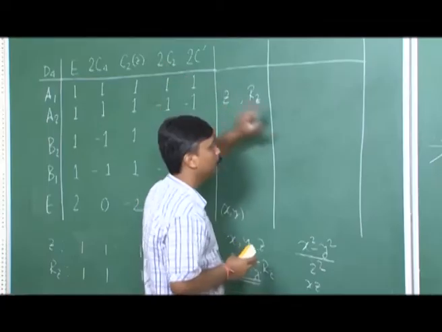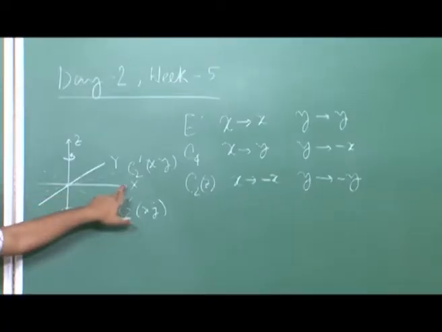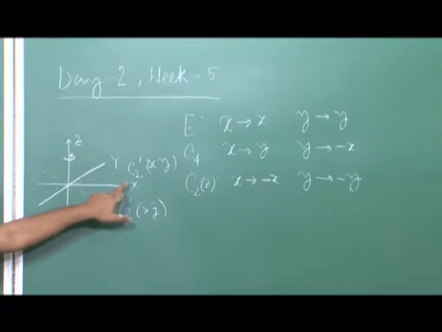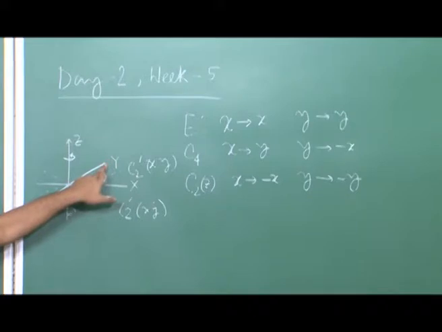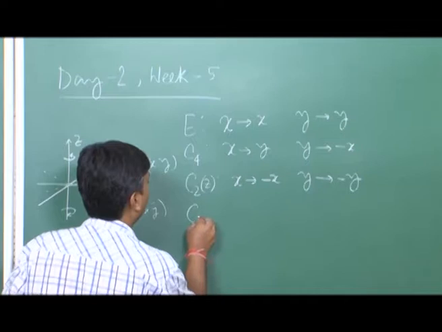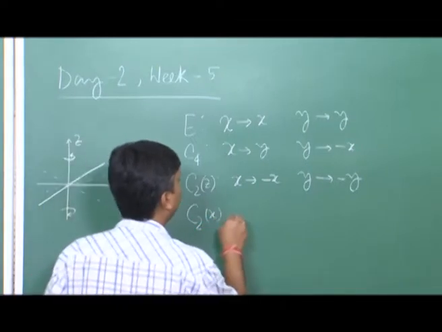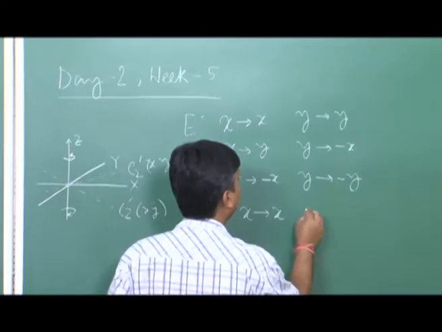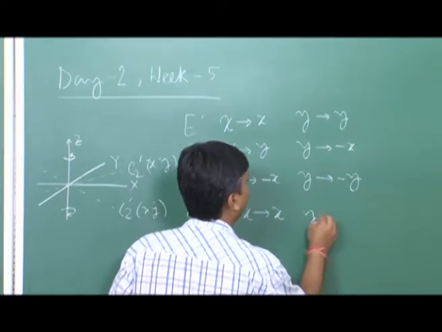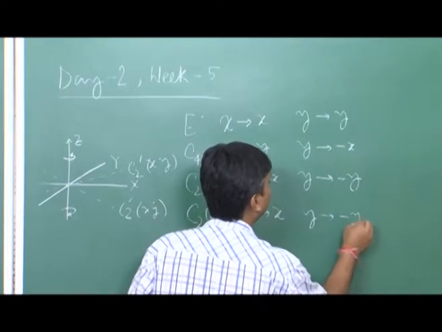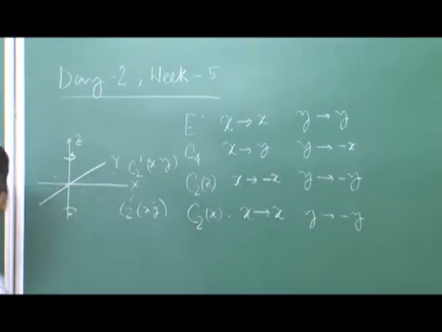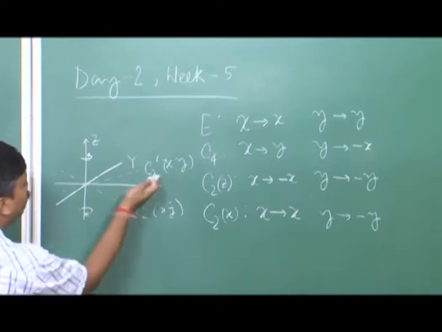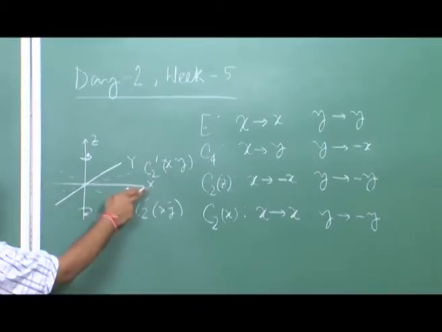Then let's take C2x, okay. So C2x will not change x, but it will change y to minus y. And then C2 prime xy, say for example, then what will happen?